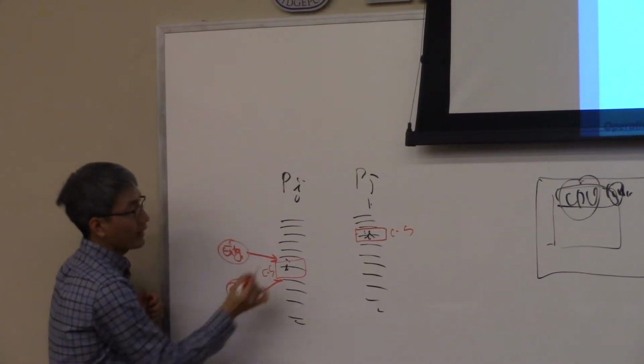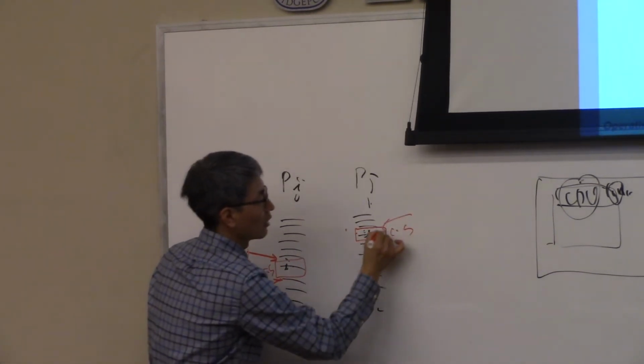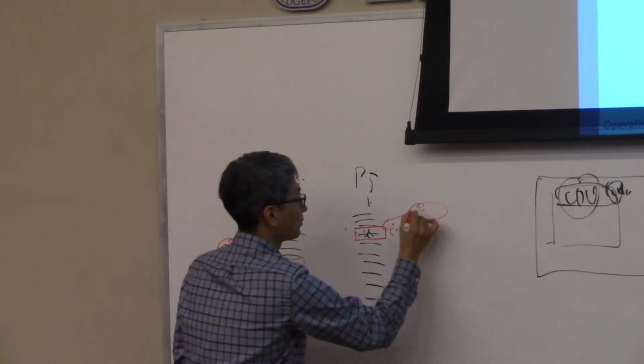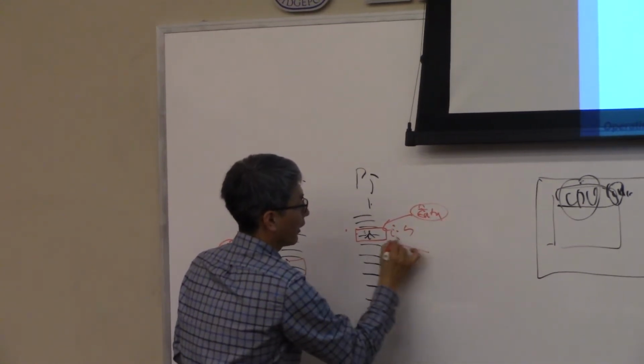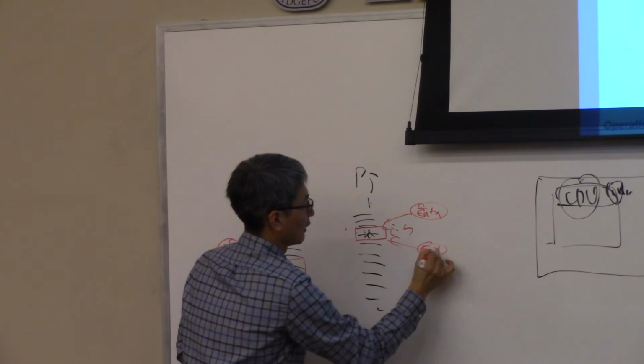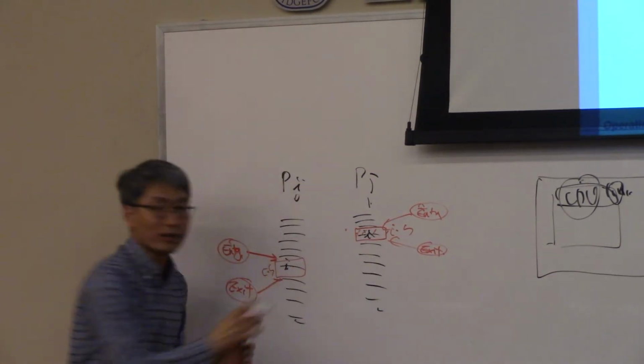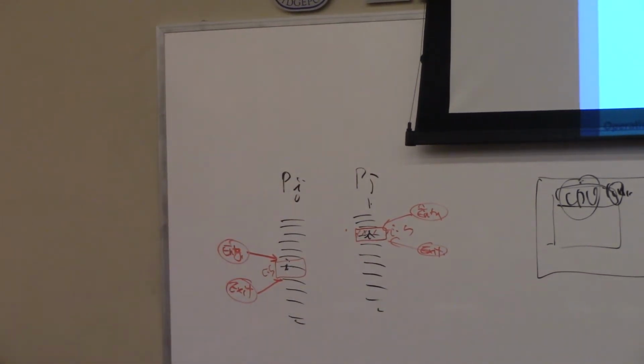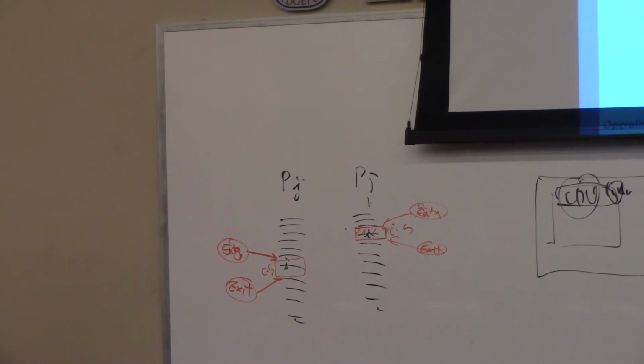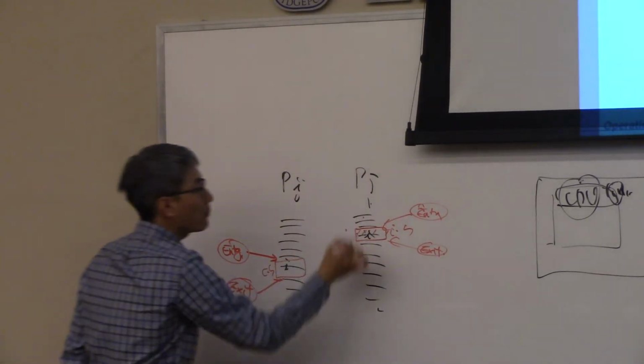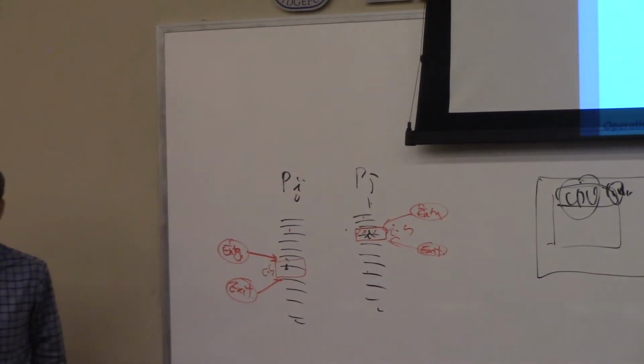This entry and exit section is the same for any process. The critical section part may be different, but they are accessing the shared data. And the other part may be different. It doesn't matter. It's a remainder.